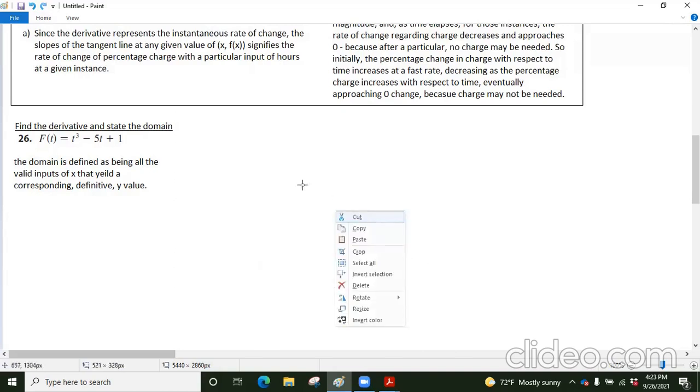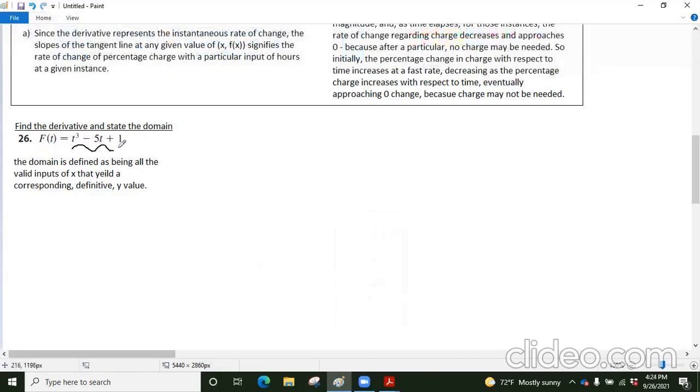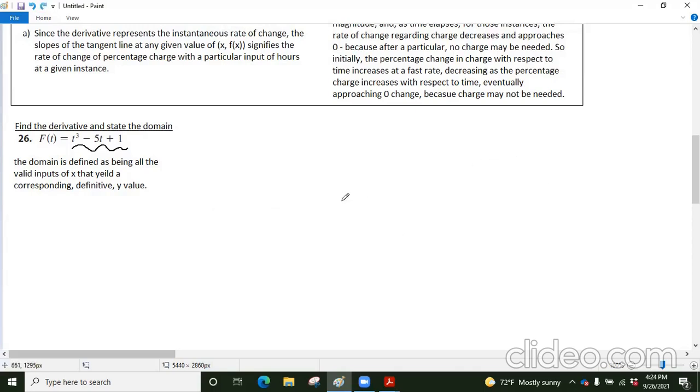So that's the domain. One thing to remember for polynomial functions, the domain is all real values in the sense that polynomial functions are continuous everywhere, right? So they're not going to have any holes or breaks.